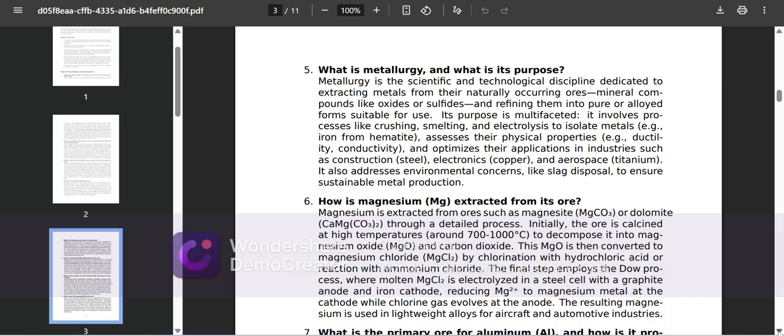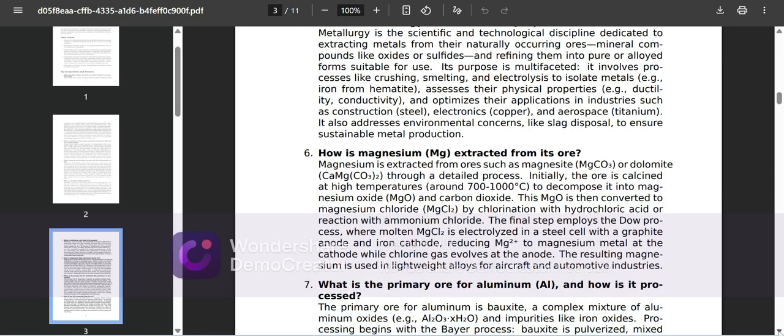It also assesses their physical properties, for example ductility and conductivity, and optimizes their applications in industries such as construction, steel, electronics, copper, and aerospace, titanium. It also addresses environmental concerns like sludge disposal to ensure sustainable metal production.